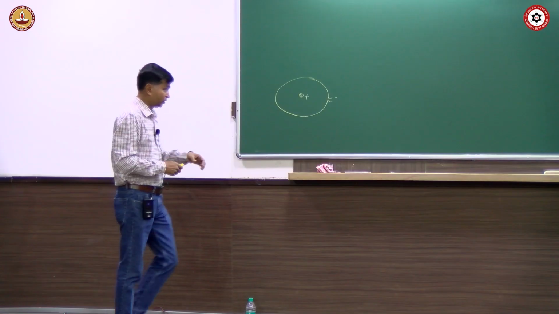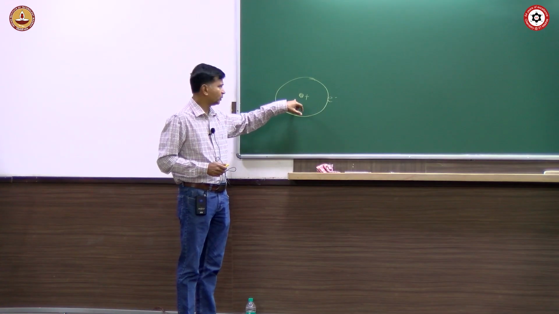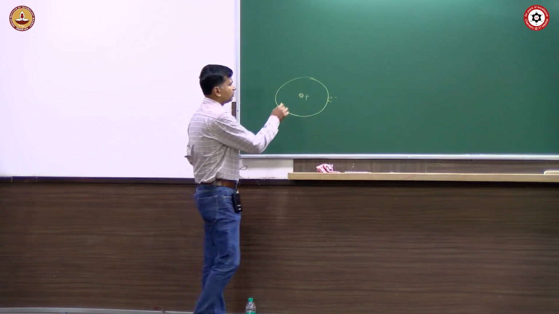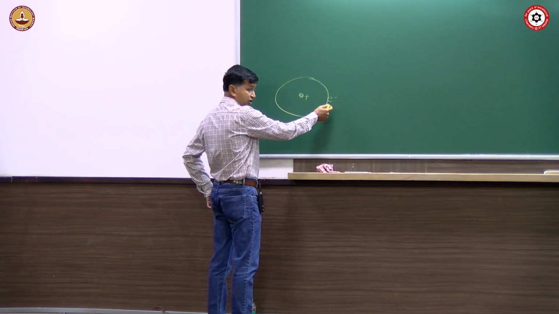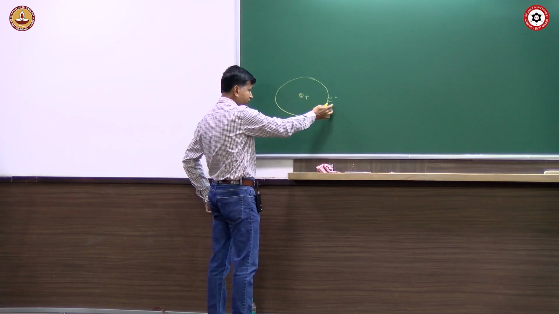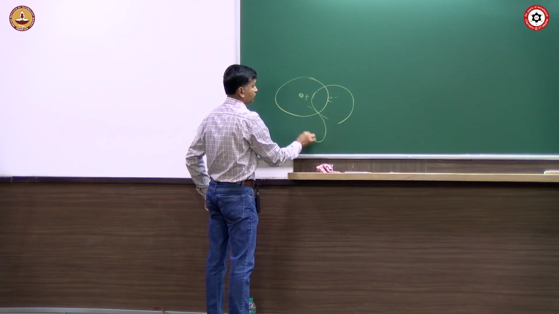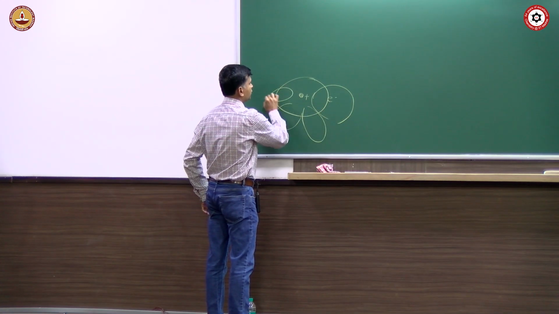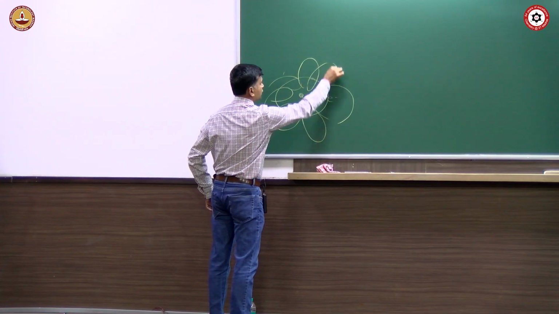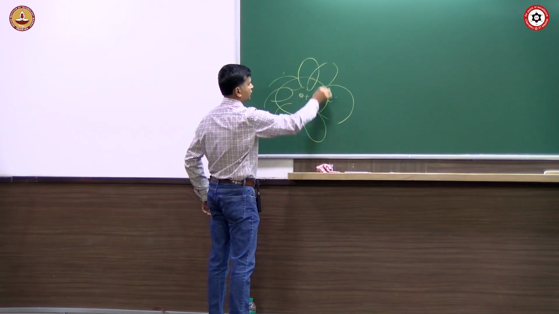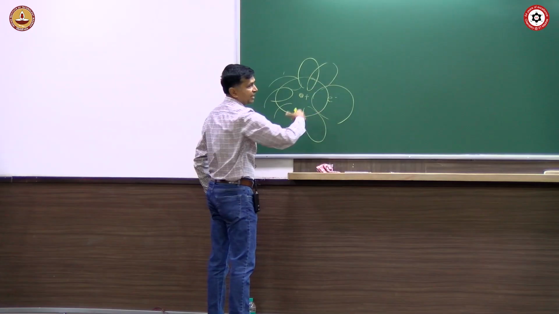Now, when you have an electric field and a charged particle is moving, it produces a magnetic field around it, always perpendicular. Electrons are moving everywhere, zipping around, and the magnetic field is perpendicular.